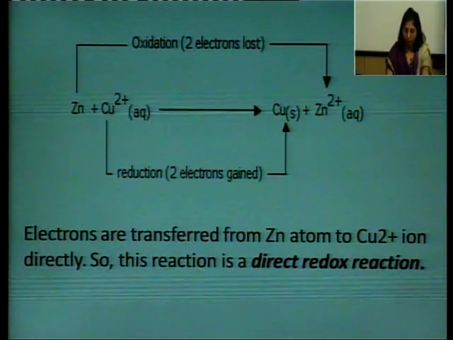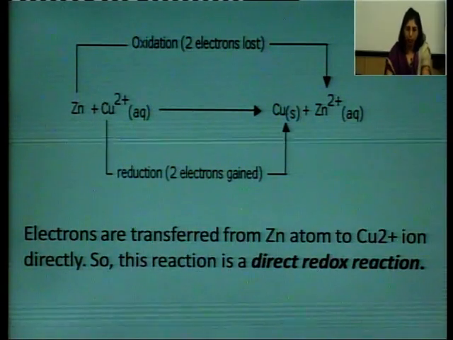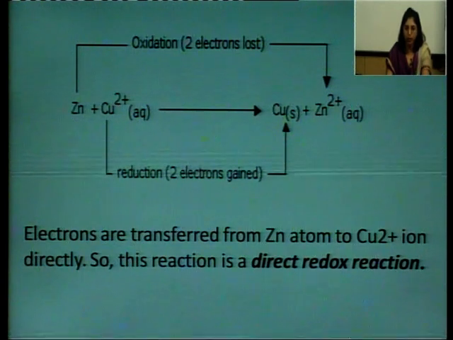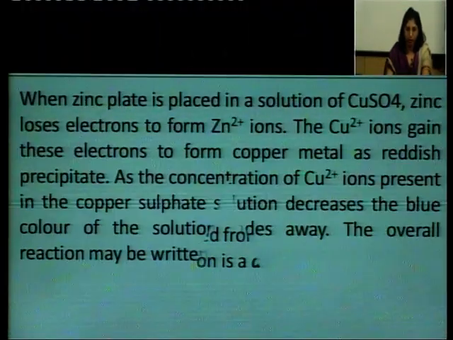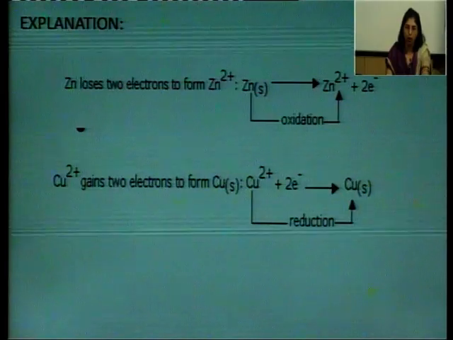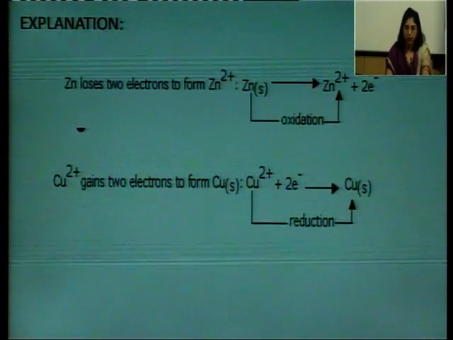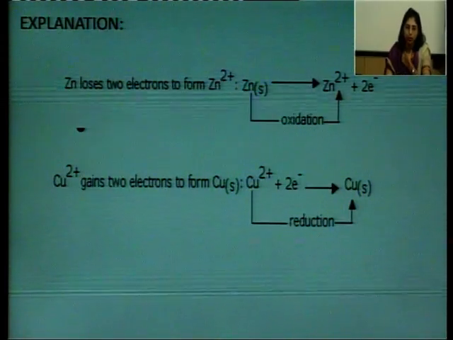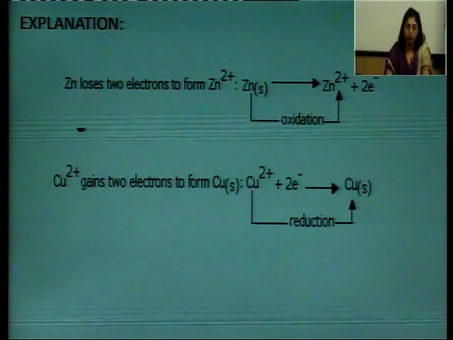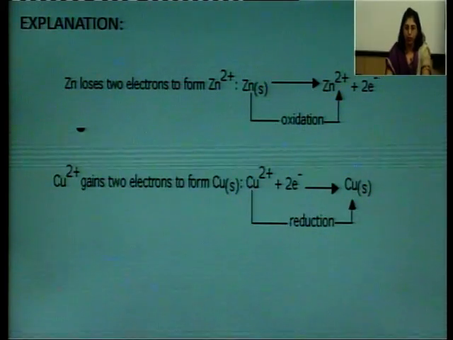So, I have explained all these observations one by one. Why zinc loses its weight: it was because of oxidation. Why copper appears as a reddish brown precipitate: this is because of reduction.